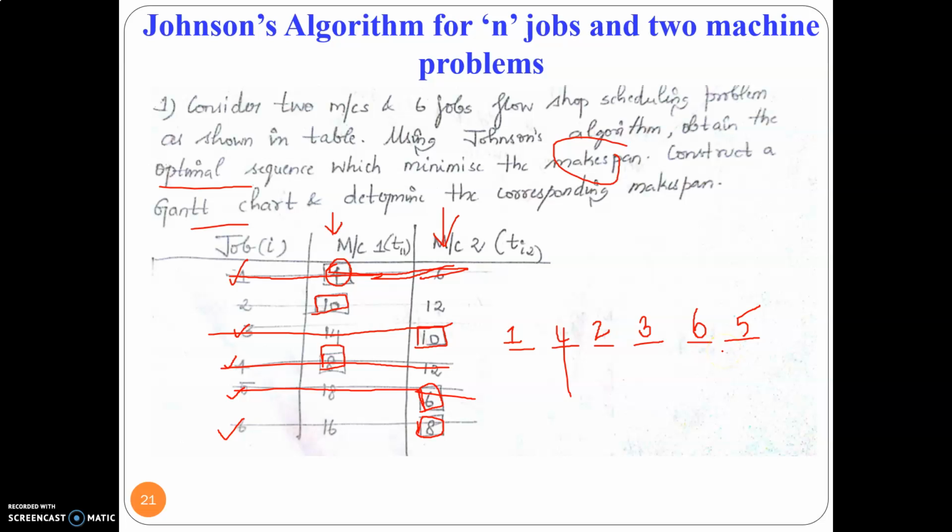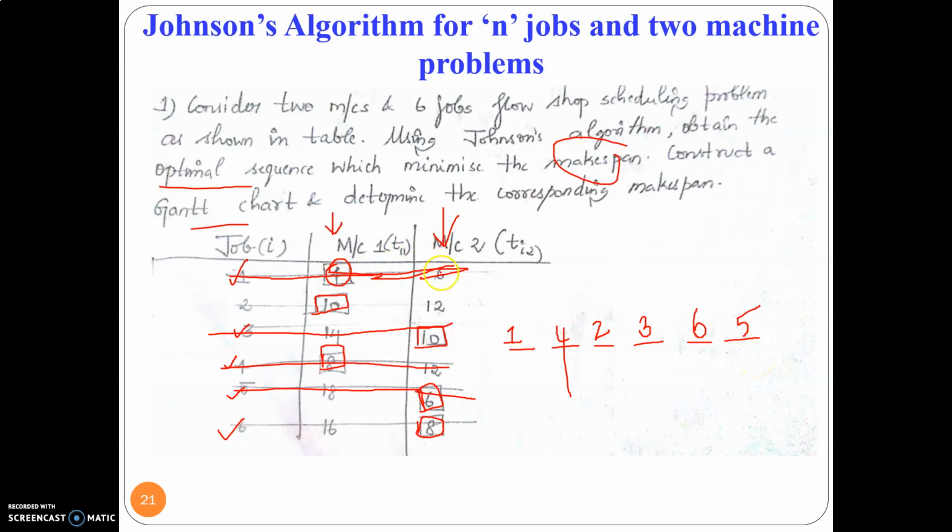So what I'm actually doing is, there are totally 6 jobs. So first draw 6 straight lines. Then check in these 2 columns which has the minimum processing time. Choose that particular job. You're going to allocate that job in the sequence. It should be either at the start of the sequence or at the end of the sequence.